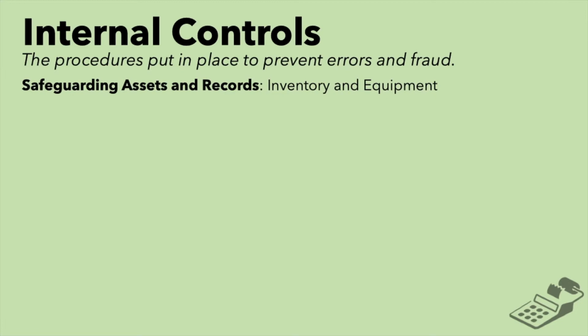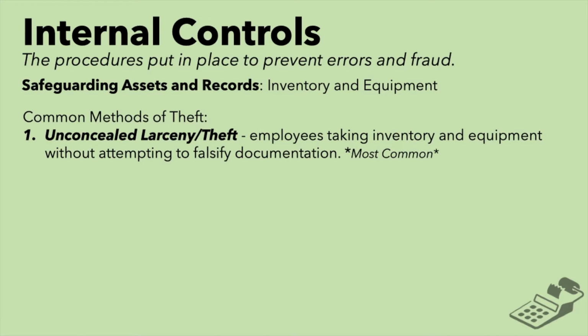So when we talk about safeguarding assets and records, specifically here we're talking about inventory and equipment, there are some common methods. Unconcealed larceny or theft. This is when employees simply take inventory or pieces of equipment without attempting to falsify any documentation or cover their tracks. And this is the most common.